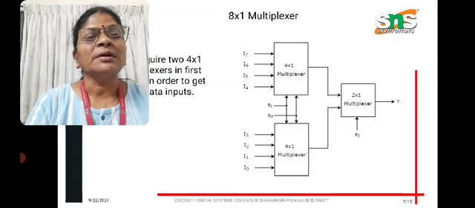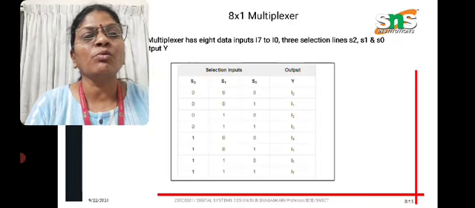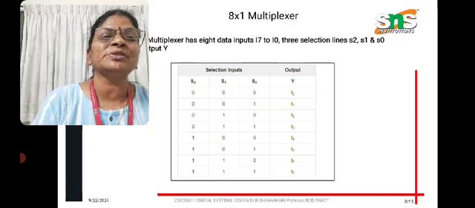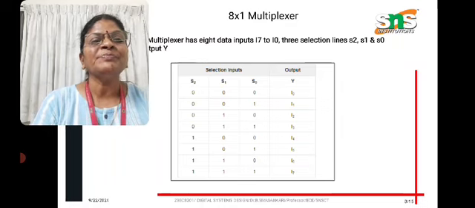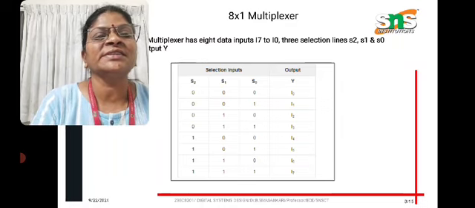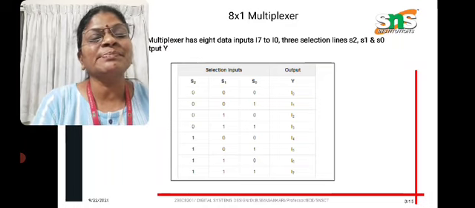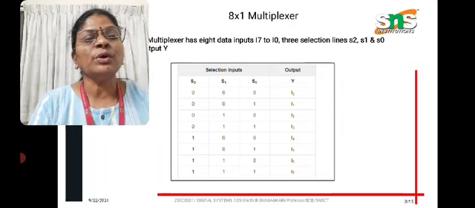Okay, so if our selection lines are S0, S1, S2, which input will be chosen in the output? That is mentioned here in this truth table. We have 3 selection lines here, S0, S1, S2, so 3 variables. As per the 3-variable 8421 code, these inputs are given.